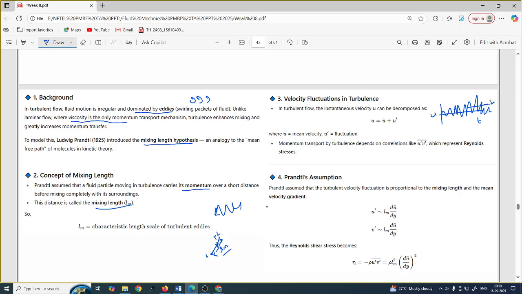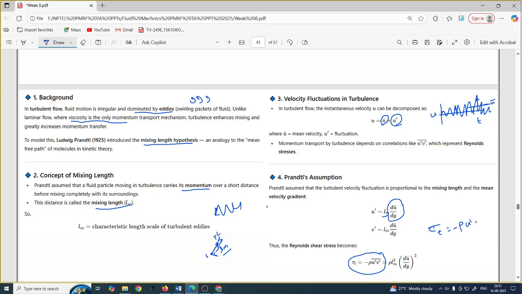So this is your u average, and then these are the fluctuations from this line, similarly in the downward direction. Based on the Prandtl model, these fluctuations you can calculate using the mixing length and the gradient of your velocity. So this was the concept behind the mixing length, and from here you can calculate the Reynolds shear stress very easily.